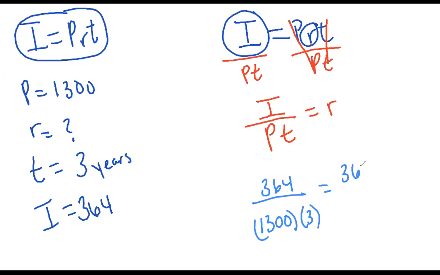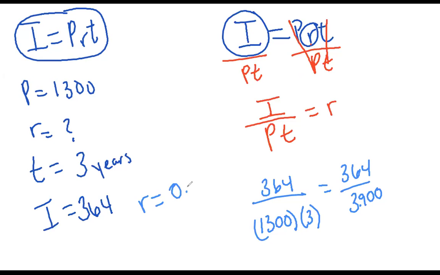Good. So 3900. Perfect. And now in your calculator, you can put 364 divided by 3900. What do you get for your R?